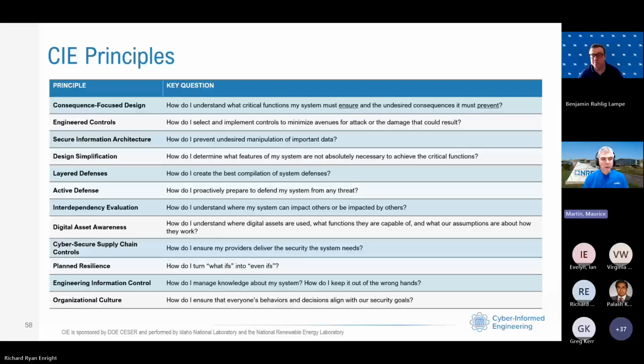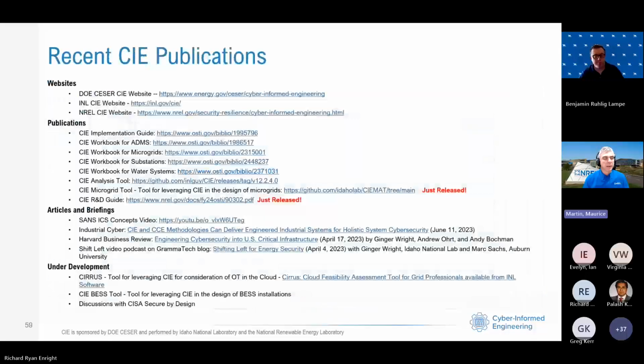And those are our 12 CI principles. I would say that we can go to the next slide and review the CIE publications as well. Ginger mentioned the CIE library that we have online. It's very comprehensive, can be a little overwhelming.